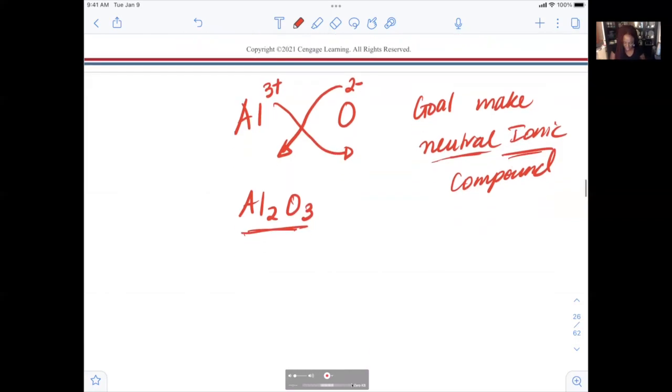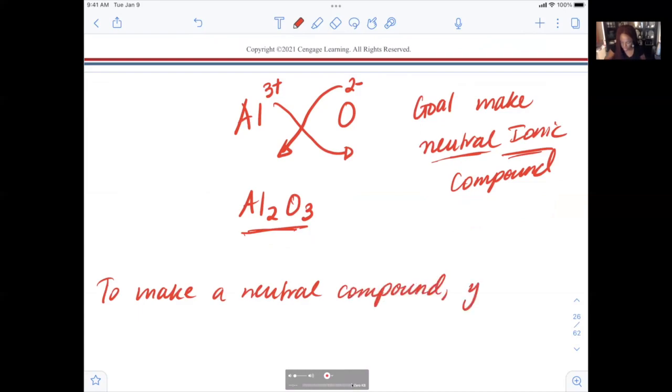This is just saying that to make a neutral compound, you need 2 Al3+ and 3 O2-.